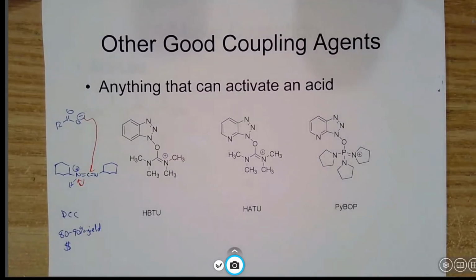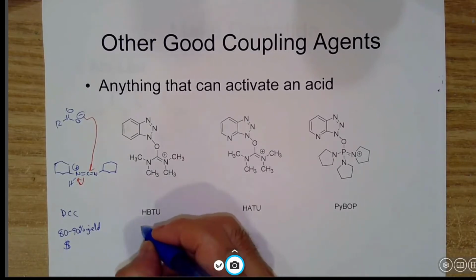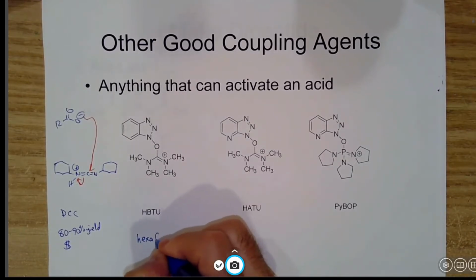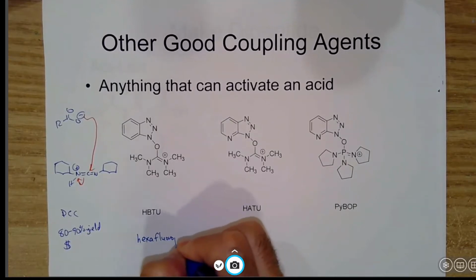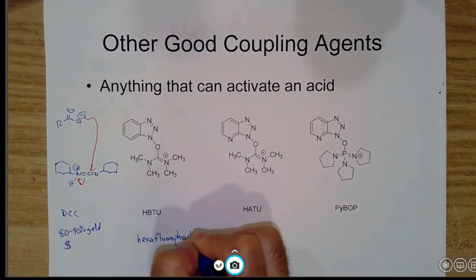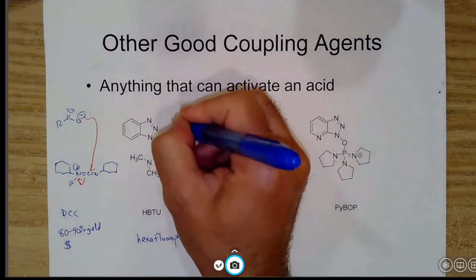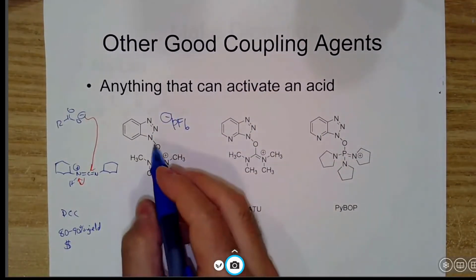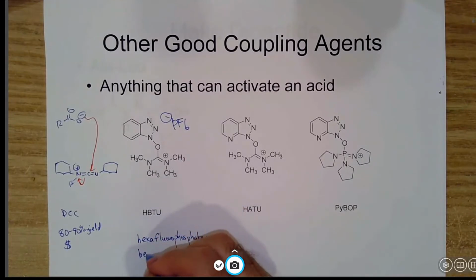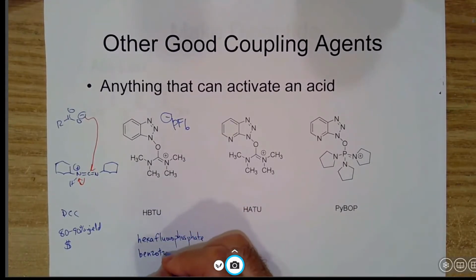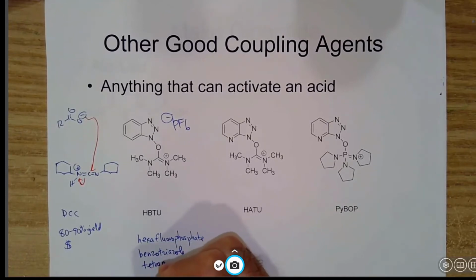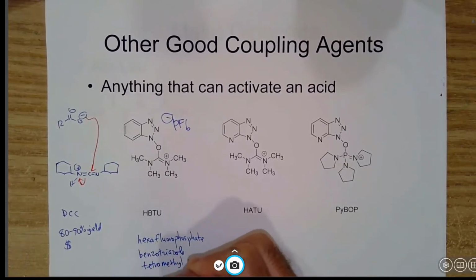If you do have some more money available, you might be interested in something called HBTU, which stands for hexafluorophosphate. So there is a hexafluorophosphate anion that is coordinated to tetramethyluronium.